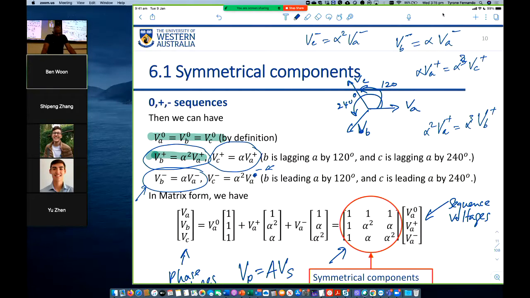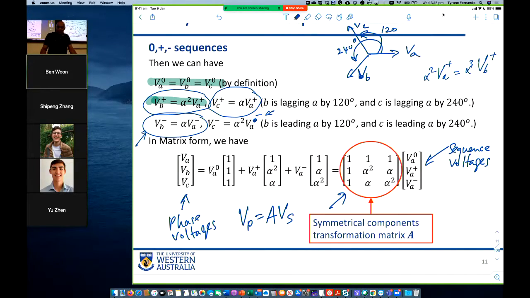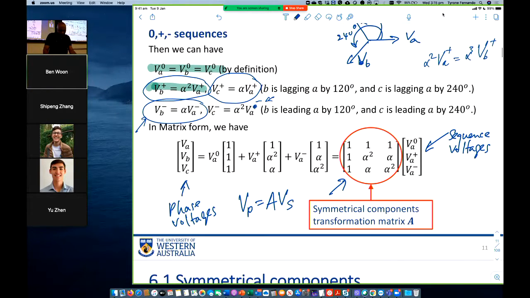Yeah? So what we can do now, we can actually utilize those relationships to express what VA, VB, and VC are. Because VB plus is related to VA plus, VB minus is related to VA minus, VA minus is related to VC minus, and so on.